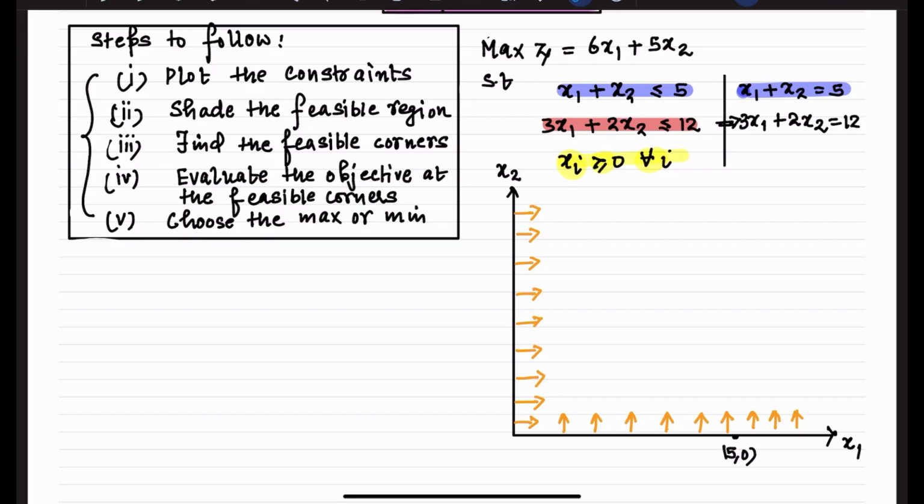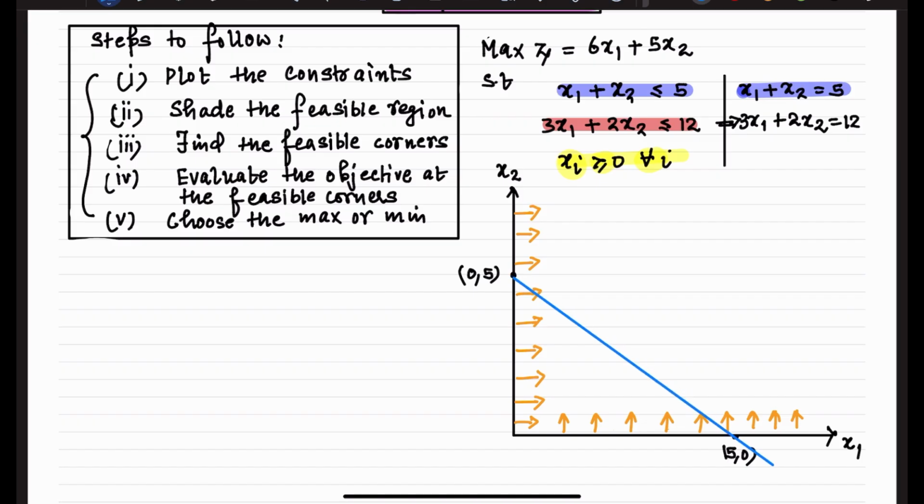And the other point is, if you put x1 as 0, you get x2 equals 5. So the point is 0 comma 5. Once you've drawn the 2 points, just simply pass a line between these two. So this is the blue constraint as a line.